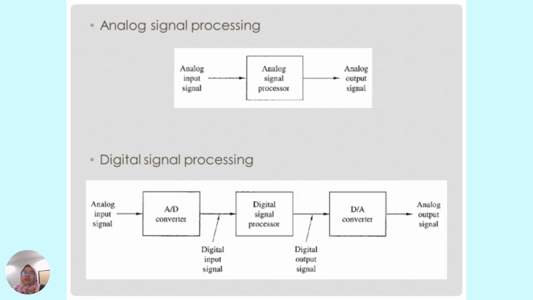So basically, the data that goes into a digital signal processor is digital, and the output of a digital signal processor is also a digital signal. Then when it comes out from the DSP processor, it goes into a digital to analog converter, or any kind of output that you want to observe your signal.